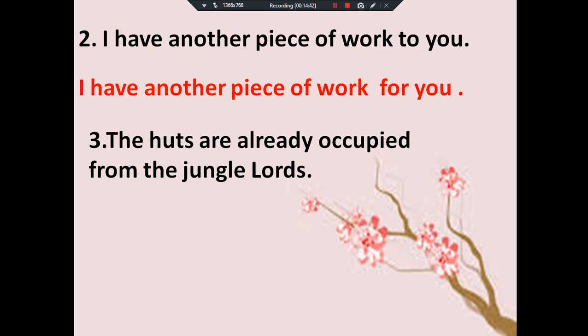The huts are already occupied from the jungle lords. Which preposition is used here and why is it wrong? Because it doesn't give the proper meaning that the sentence is supposed to give.